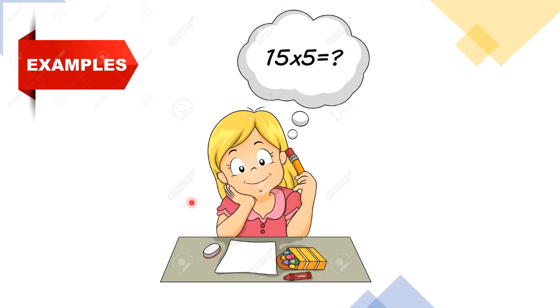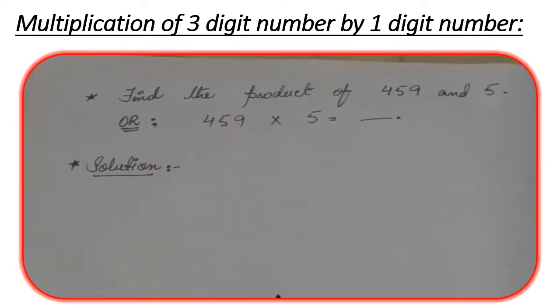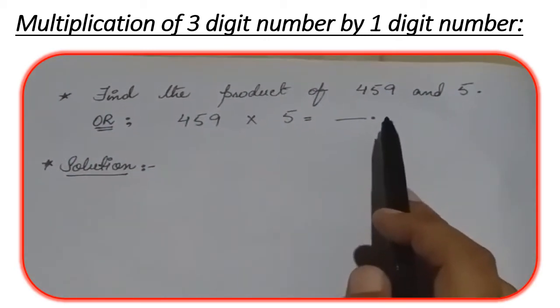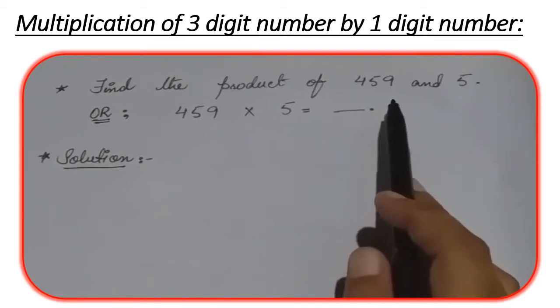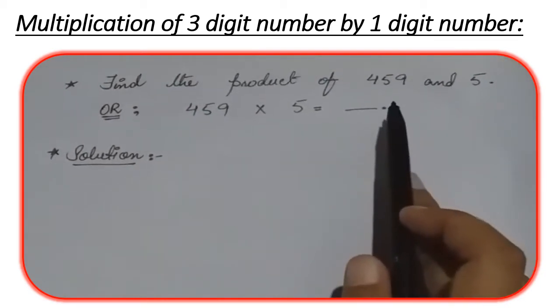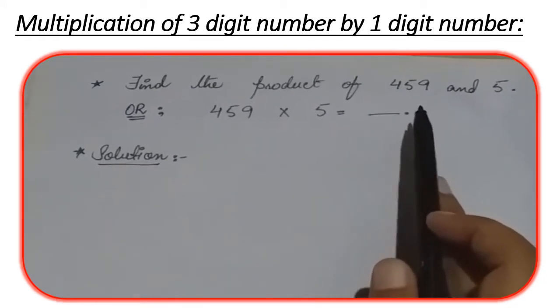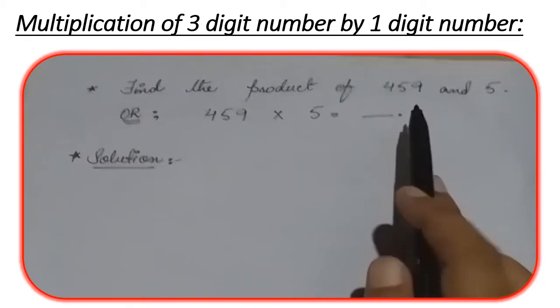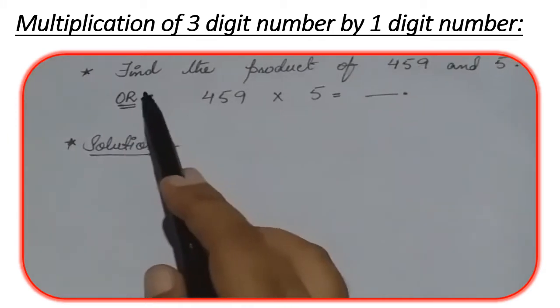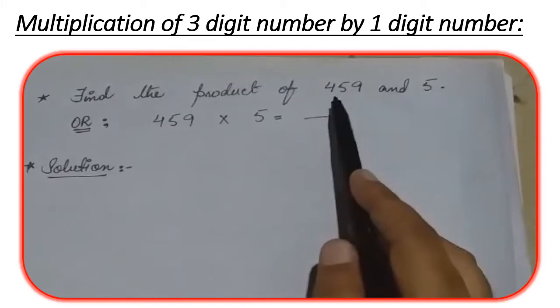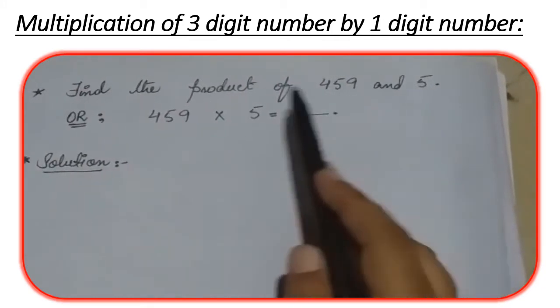Now let's solve some examples of multiplication. So students, let's start with the multiplication of smaller numbers that you have already learned in your previous class. But today I am just revising it so that you can easily understand the multiplication of larger numbers. So we have a given example: find the product of 459 and 5.